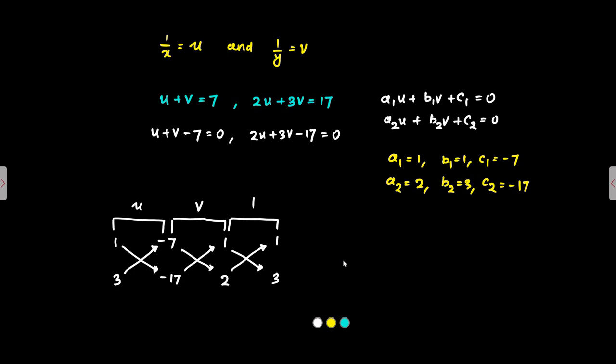So here it is u by b1 c2 minus b2 c1. So 1 into minus 17, minus 3 into minus 7, so minus 21. So it is minus 17 plus 21. It is equal to v by c1 a2 minus c2 a1.